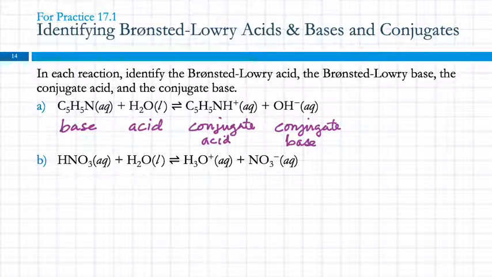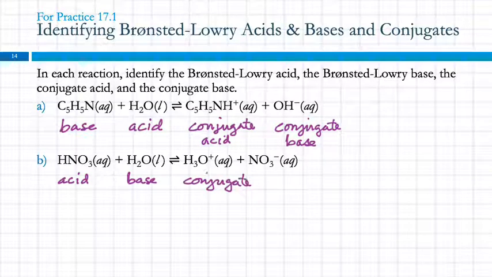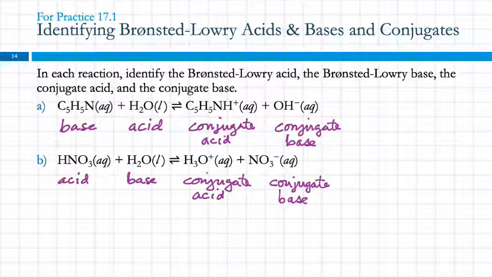So this is going to act as the acid. And it is donating a proton to the water molecule. So the water is acting as the base. And here we have the hydronium ion. This is the conjugate base. Sorry, the conjugate acid. And nitrate ion is the conjugate base. Any questions?